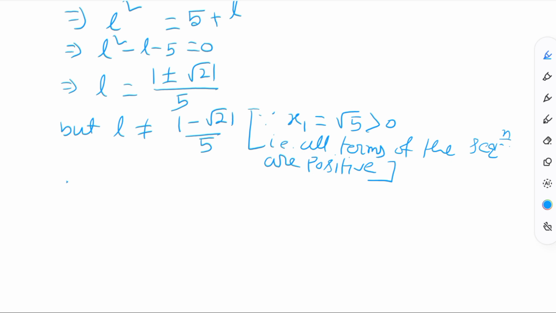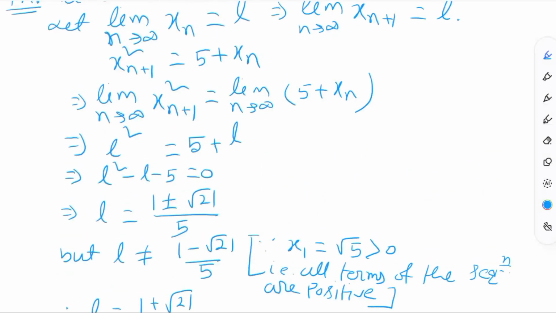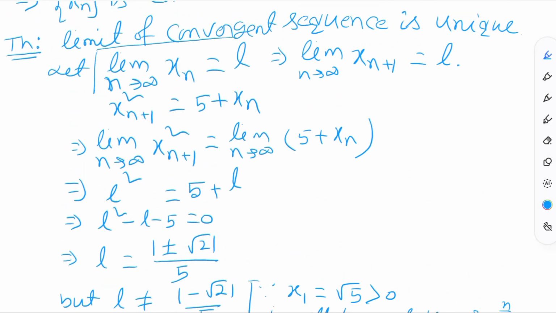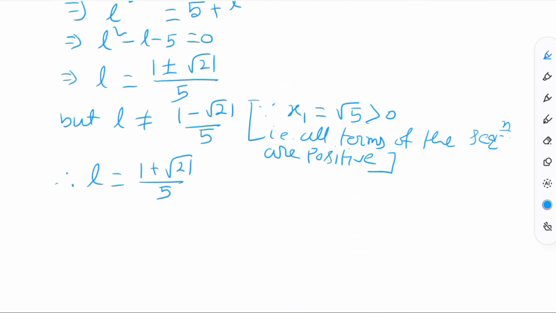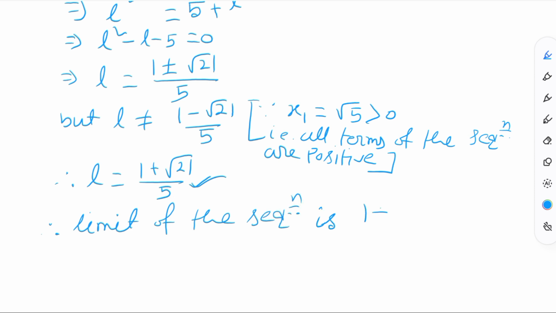So therefore l equal to 1 plus root 21 by 5. Look students, I had assumed the limiting value of the sequence to be l, and now its value has come out. So therefore the limit of the sequence is 1 plus root 21 by 5.